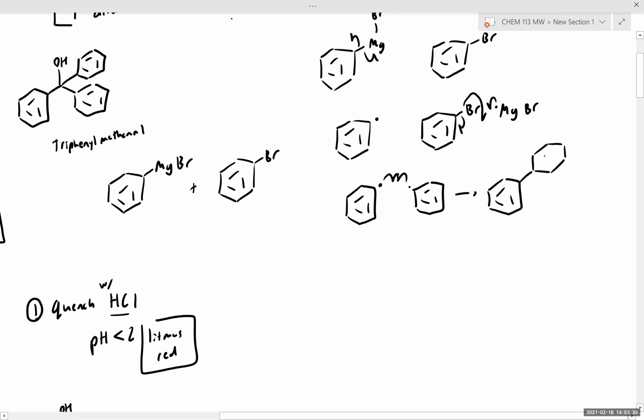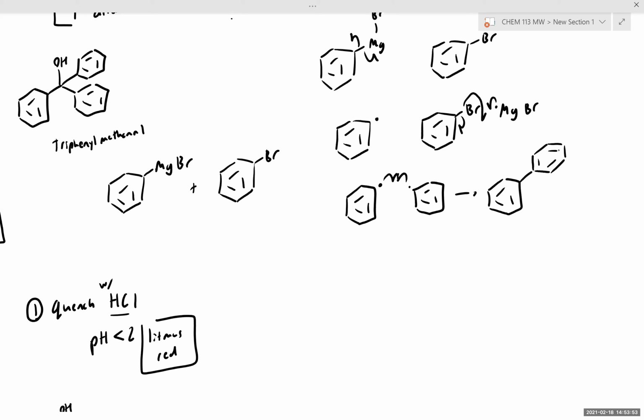From what I've seen, oftentimes when you see these oxidative couplings involving Grignard reagents, there's an external reagent, such as trace iodine found in your reaction mixture or trace amounts of another metal that's helping to facilitate this oxidative coupling process.